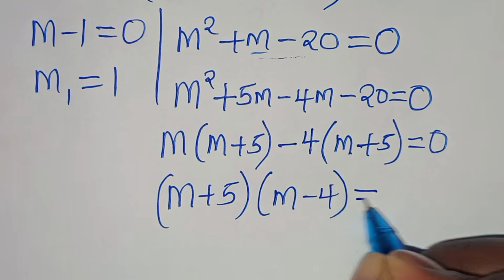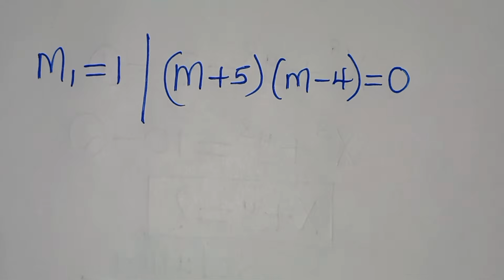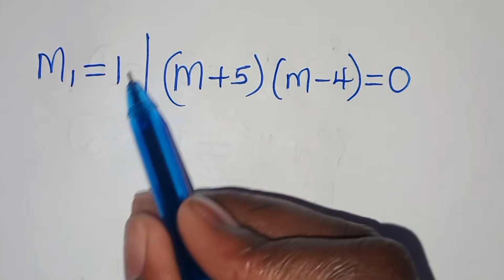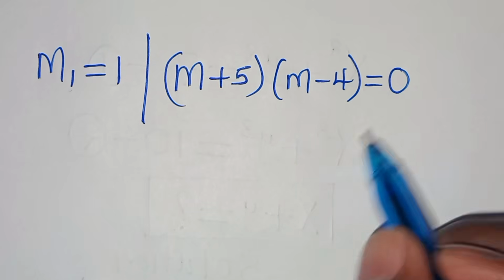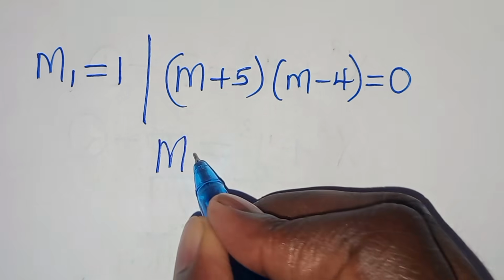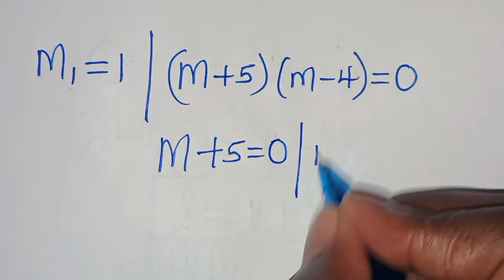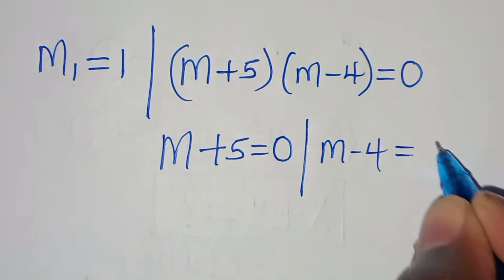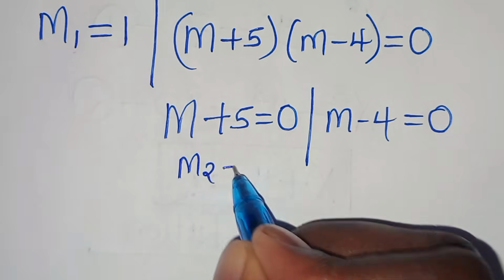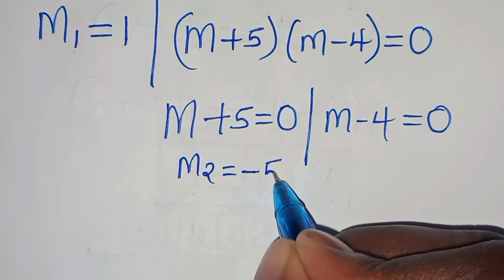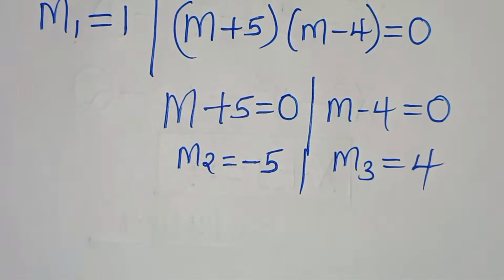Close the parentheses. This is equal to 0. Now we have m1 is equal to 1. Then we have m plus 5 times m minus 4, this is equal to 0. This means that m plus 5 is equal to 0, and m minus 4 is equal to 0. So we have m2 is equal to minus 5. And m3 here, this is equal to 4.